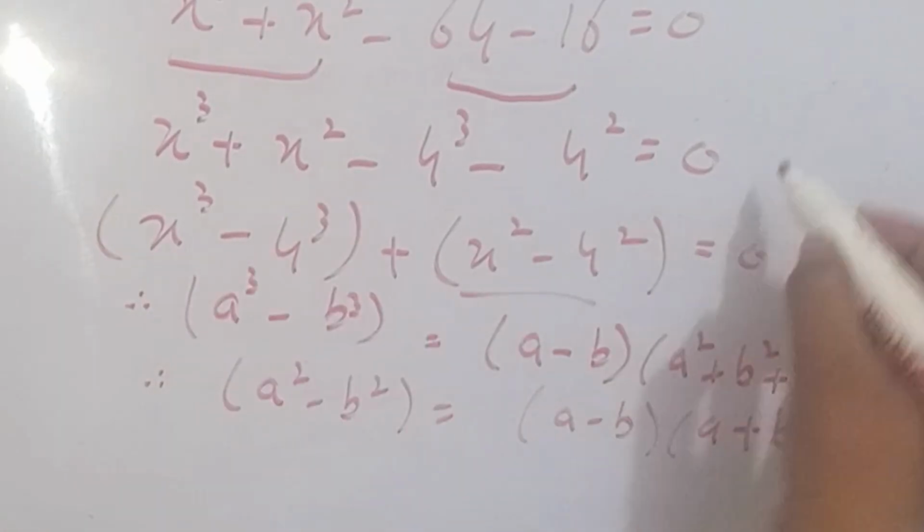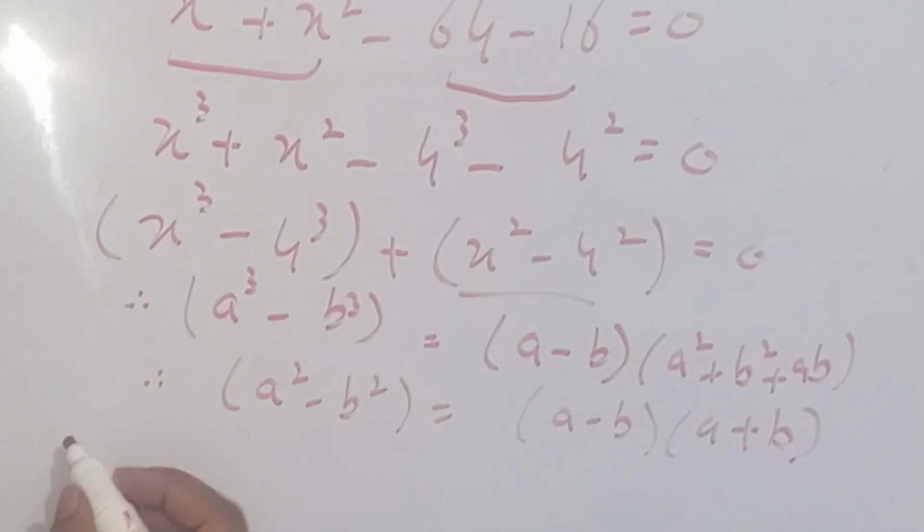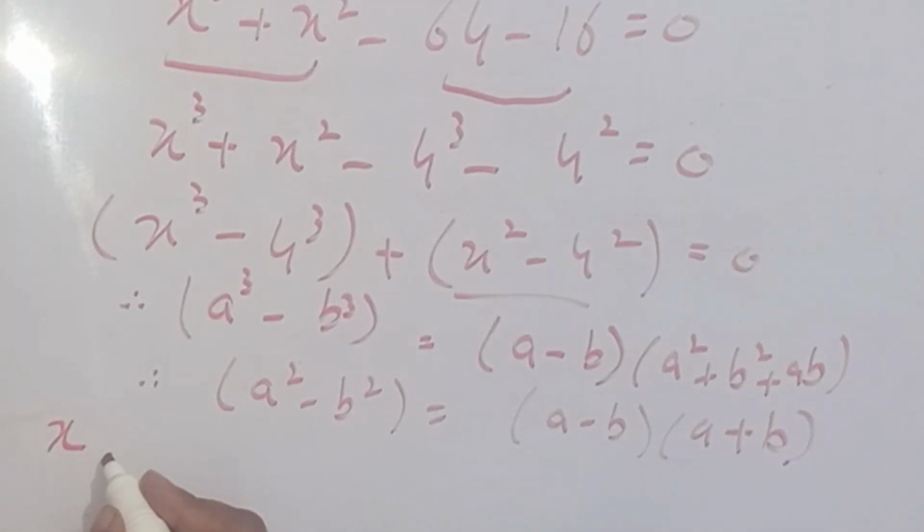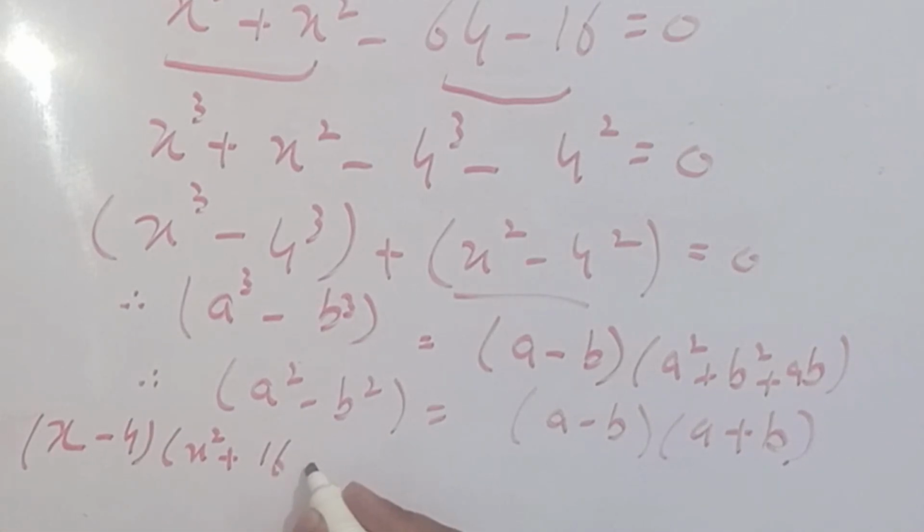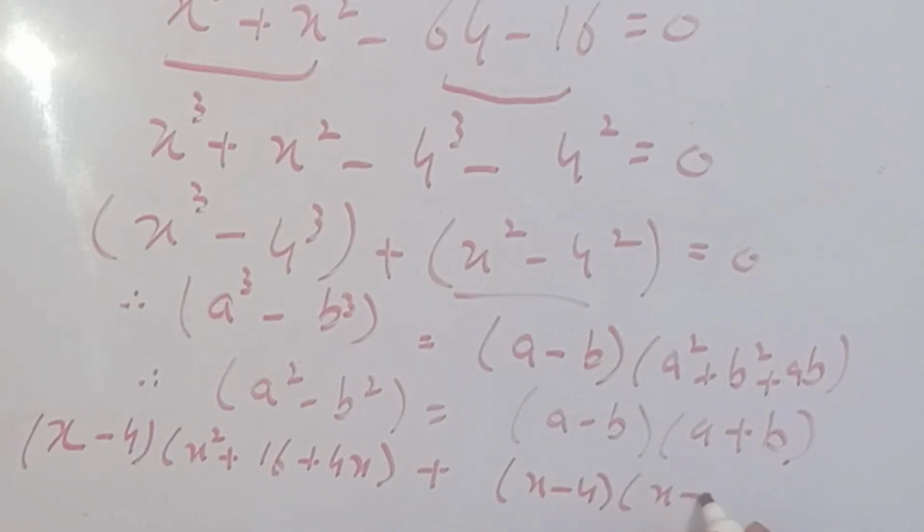So we write this equation as x minus 4 multiplied by x square plus 16 plus 4 times x, and the second term is x minus 4 multiplied by x plus 4. This is equal to 0.